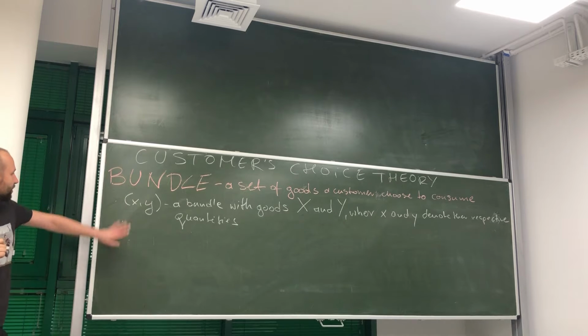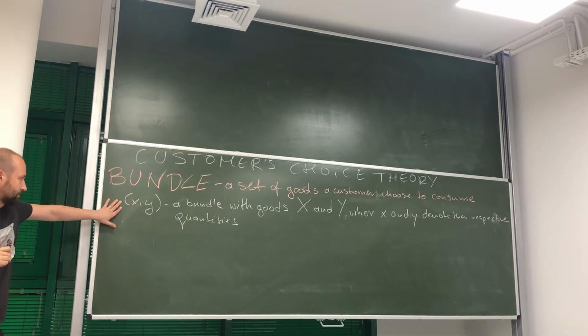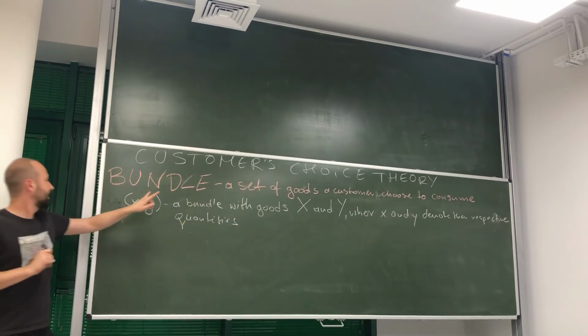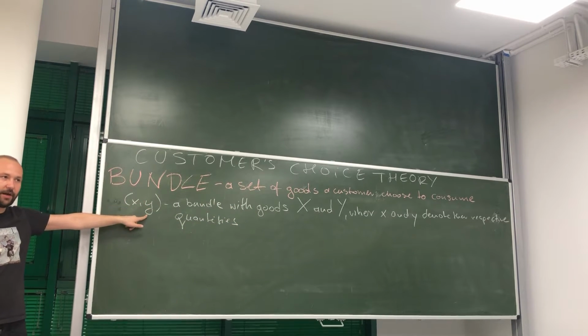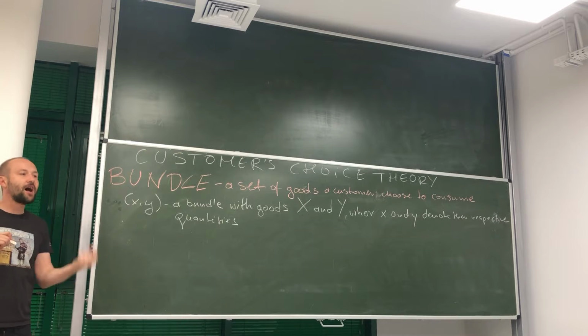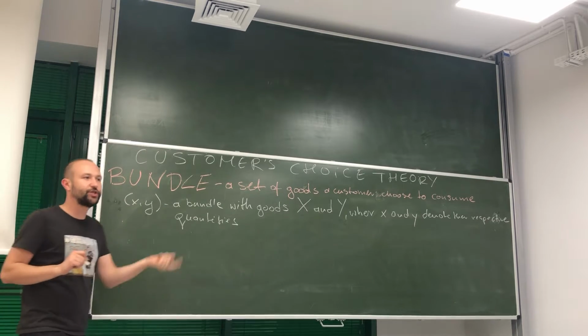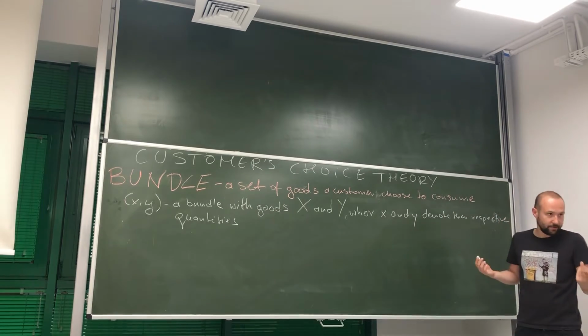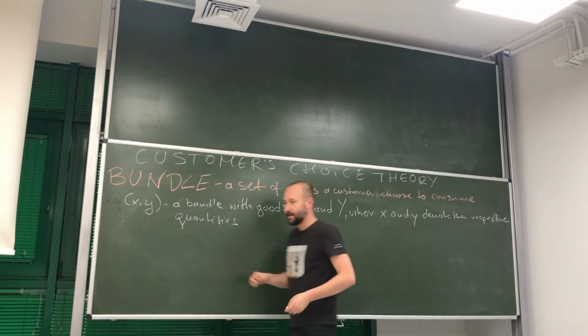So this is a bundle with goods X and Y, where lowercase x and lowercase y tell us how much of each of these two goods we have in our bundle.